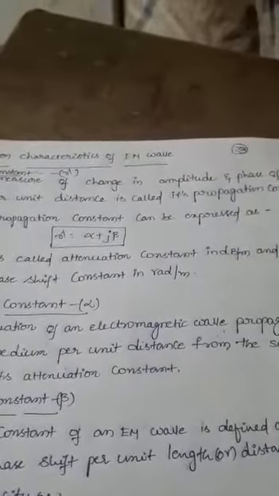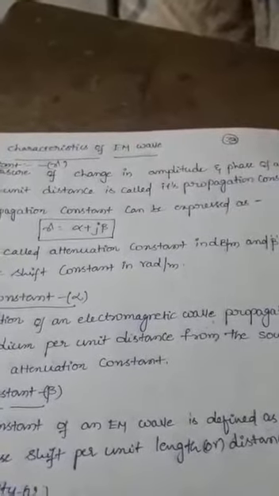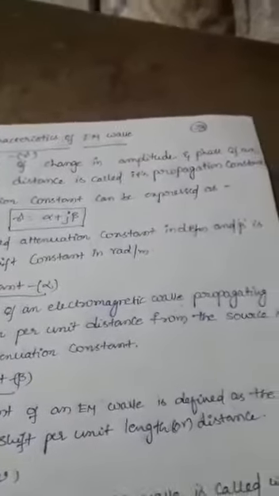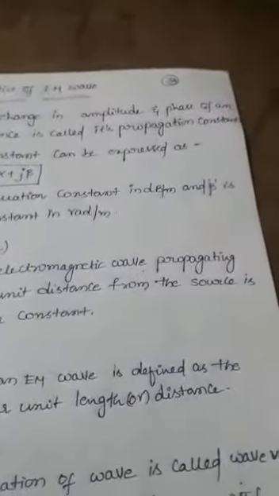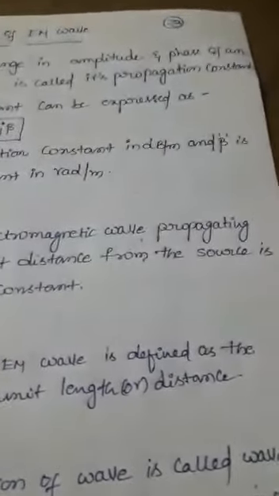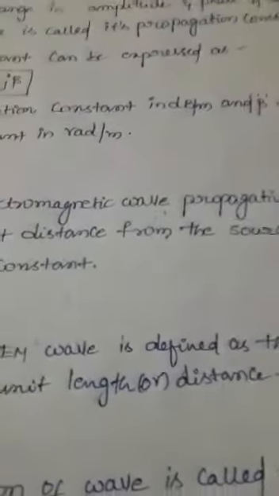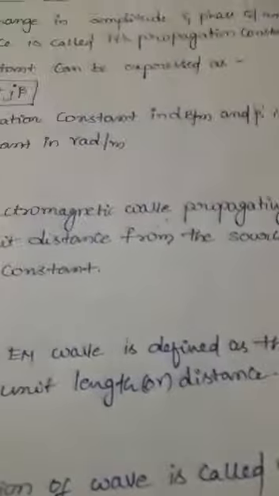Generally, for electromagnetic wave propagation through free space, there is no change in amplitude and phase.